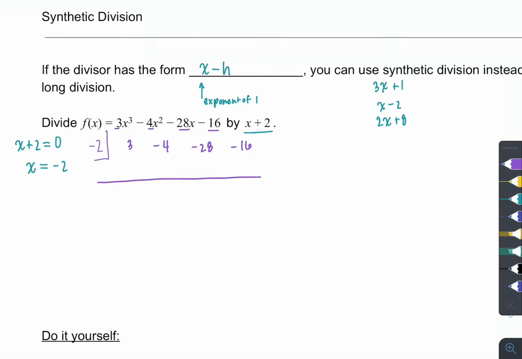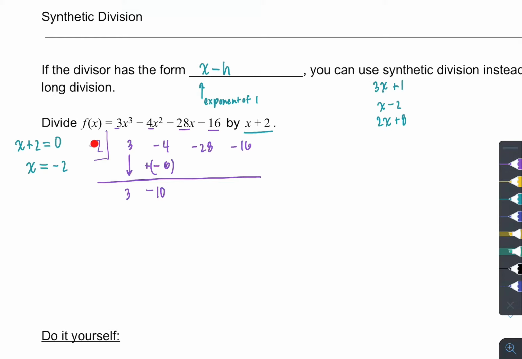And then this is the pattern. First, we drop down this number, and then we multiply by this number. So 3 times negative 2 is negative 6, and then we add straight down. So we do negative 4 plus 6, which is negative 10.